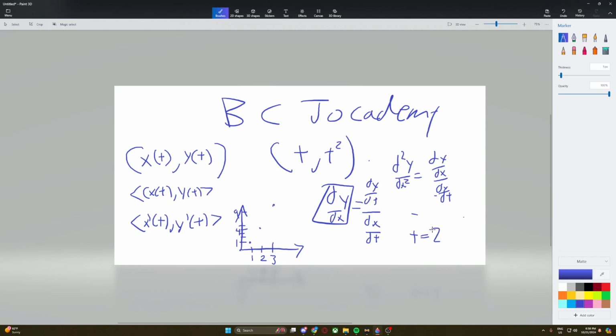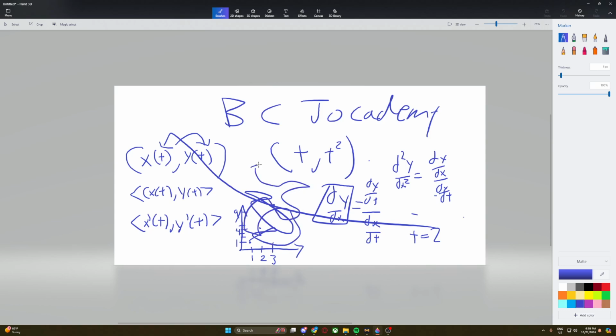T equals 2. You plug in 2 back into these individual things to get the literal values at that time, but the time itself is not graphed. Because this is x of t, this is y of t. There is no time in this thing. Time is literally not here, other than the fact that it overlaps each other to show that there is time.